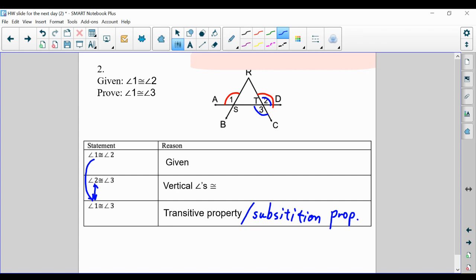So labeling the picture is very important, and using the axioms is important, and using what we have learned so far will be a lot of help. So we're going to continue with more and more proofs in this unit. I would say proof is actually kind of fun because you're just getting all the information as evidence to prove what's next and what is the final statement.